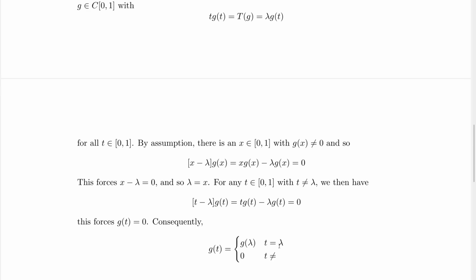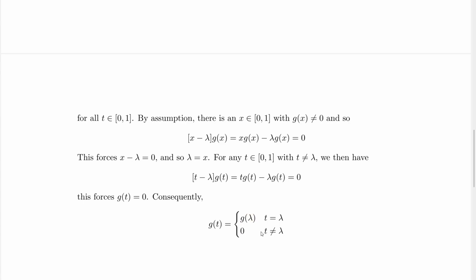At t equals lambda, it just outputs whatever g of lambda was. And, I didn't spell lambda right, and I didn't end my cases, so it's really yelling at me. All right. And then for any input that's not lambda, this function equals 0. So I have a function that everywhere is equal to 0, except at the point t equals lambda, that's non-zero.